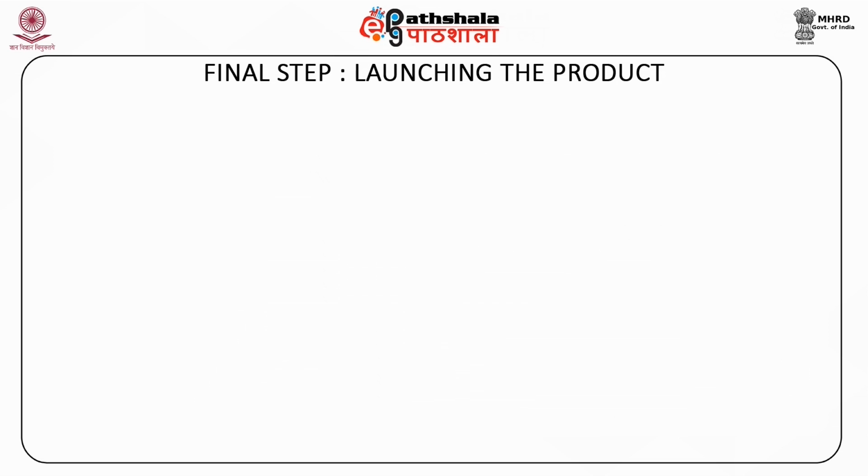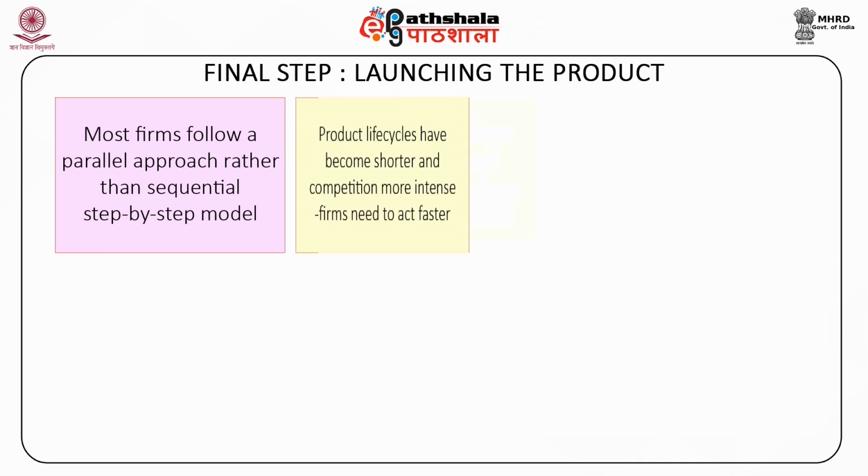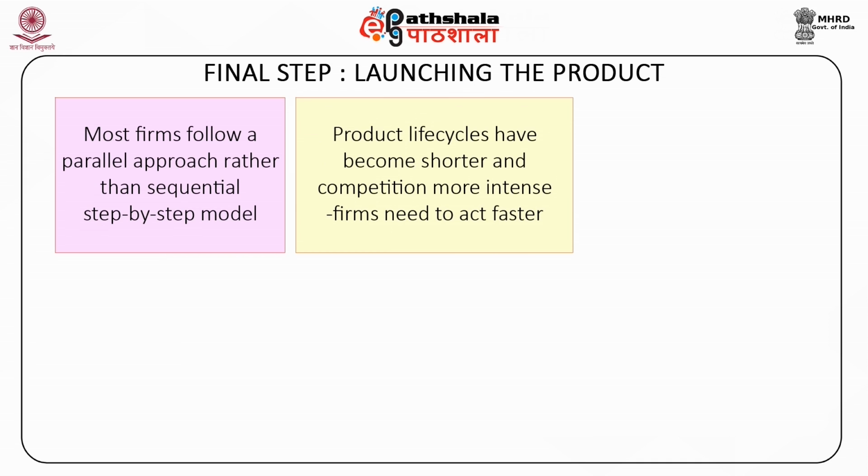While the above steps clarify the entire process of new product development, most firms these days prefer to follow a parallel approach rather than the sequential step-by-step model. This is due to the fact that product life cycles have become shorter and competition is more intense. So firms need to act faster.